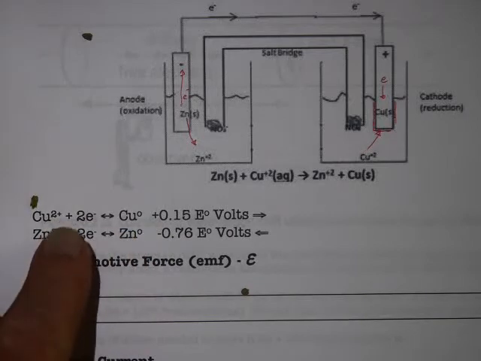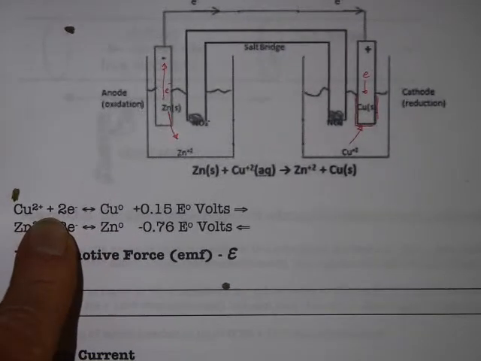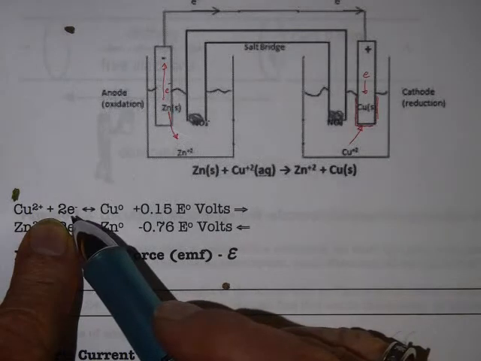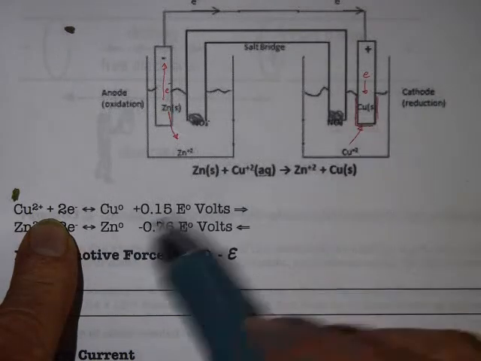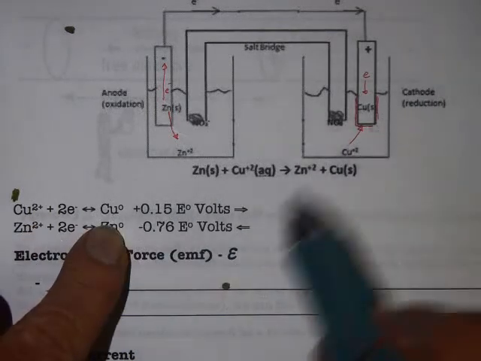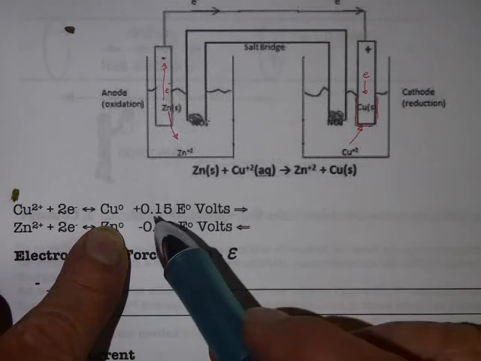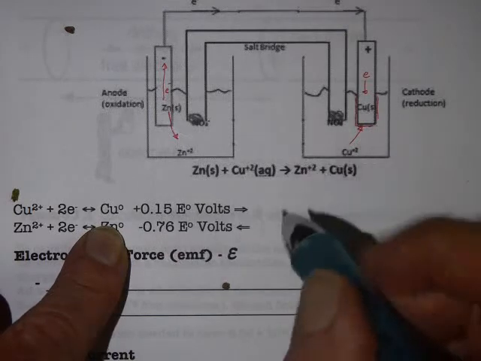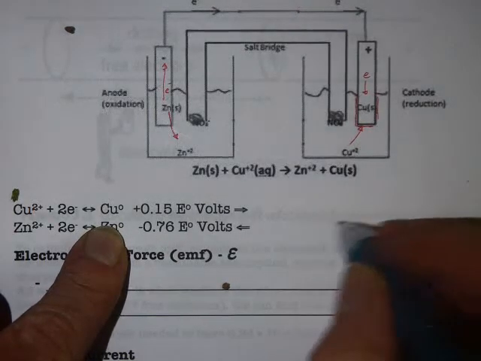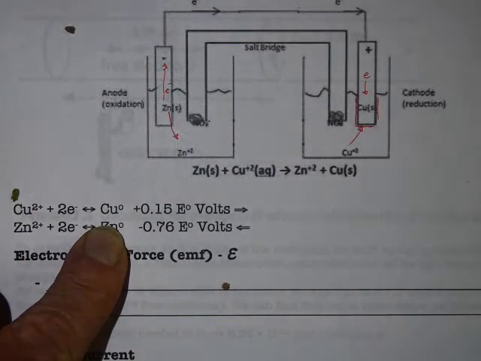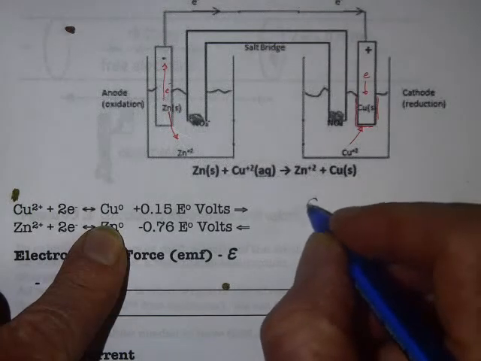Now this one here, you can see the copper ions gaining the electrons to form the copper metal is 0.15 volts. So I'm going to rewrite this just over here so you can see what's going on.